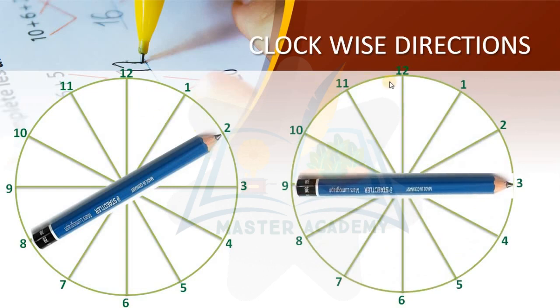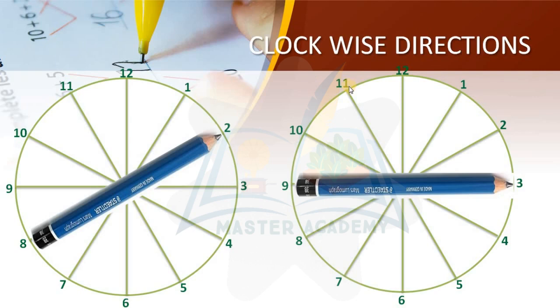So this is known as the clockwise direction, and already I have shown one example. I have shown one original clock. So in this way you can understand. Because this concept is very important, beta, to move in a clockwise or anti-clockwise direction, it is a very important concept.